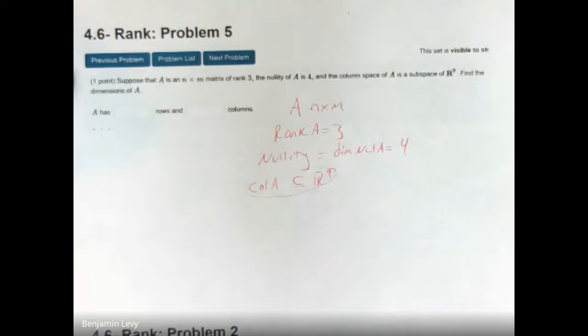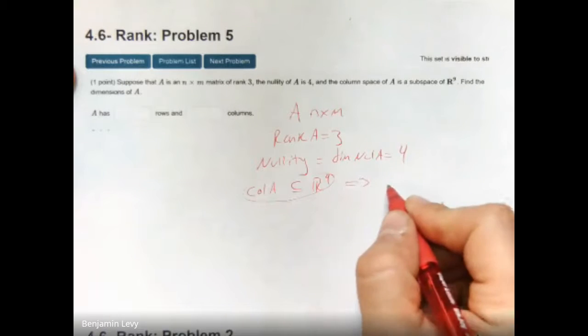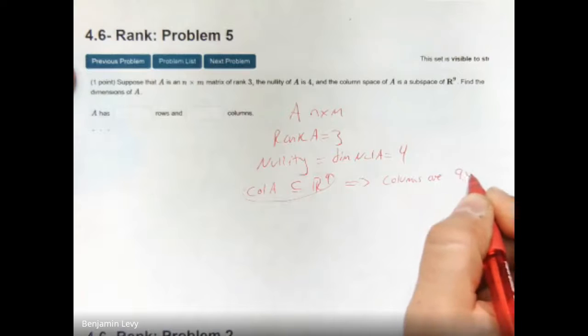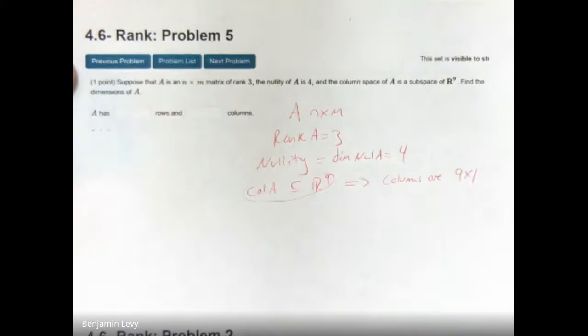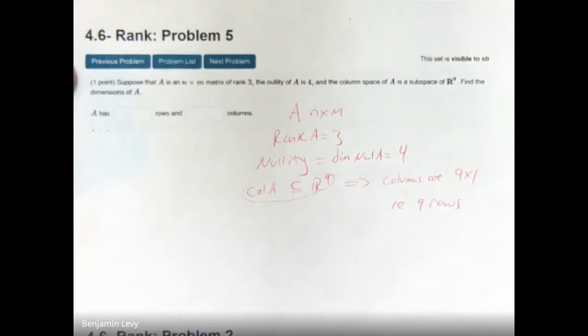The column space is a subset of R9. 9 dimensions, yeah, that's right. This is telling us that the columns are 9 by 1. In other words, there are 9 rows, because each column is a collection of rows.